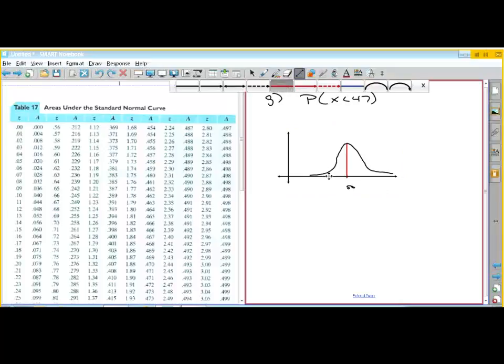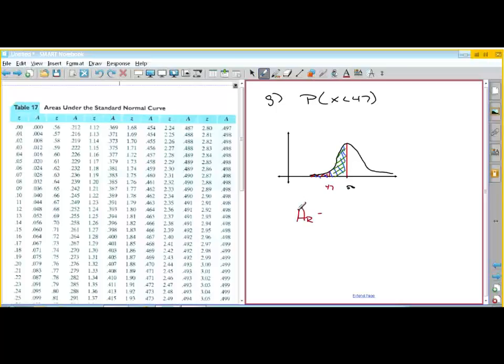So we'll draw a vertical line at 47, which is going to be to the left of 50. So the red area is this, less than 47. So again, we have to use subtraction. The blue area is going to be everything to the left of the mean, and the green area will be between 47 and 50.